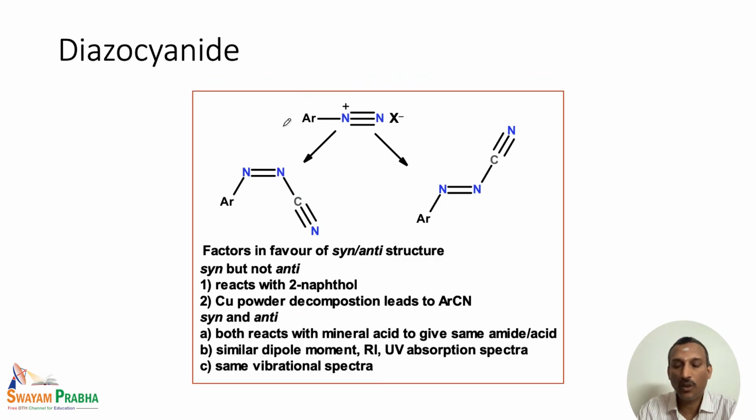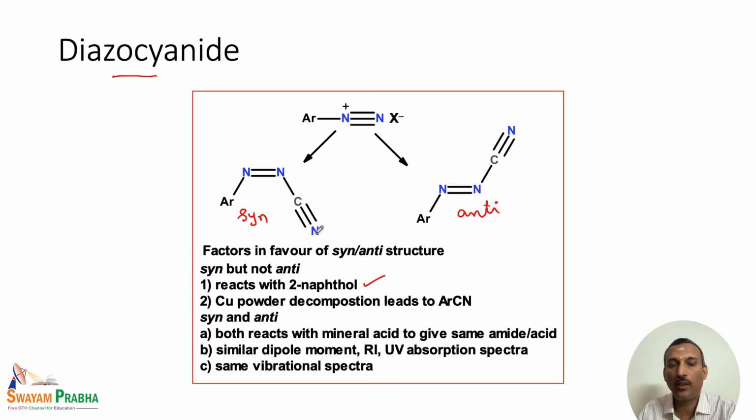And we also have another set of experimental evidences in the case of diazocyanides. This adds even more weightage to the structure, which is actually the cis or trans structure. So we call this the syn structure, and this the anti structure. The evidence which favors this kind of structure is that this reacts with 2-naphthol.